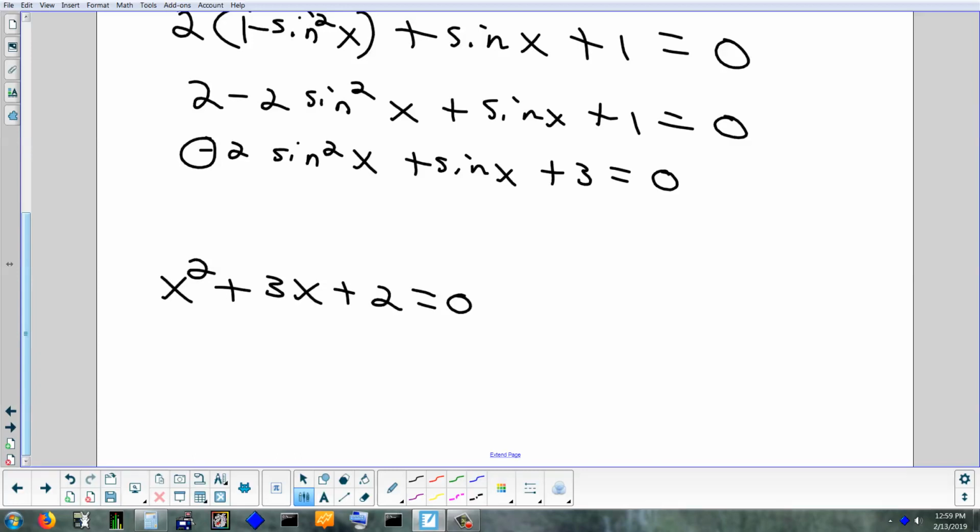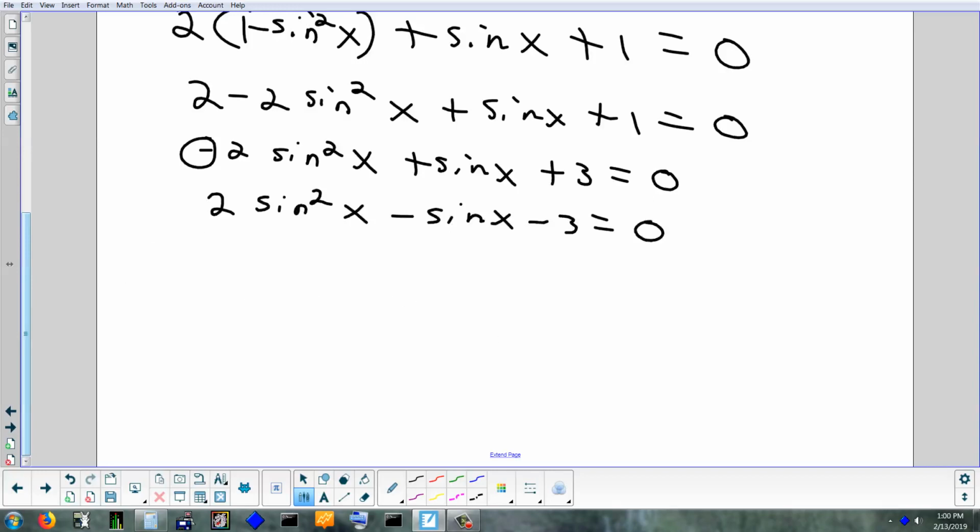Just factor out a -1 or divide everything by -1. Just change the sign of everything. So 2 sine squared x minus sine x minus 3 equals 0. Now, the equation that you're trying to solve right there is exactly like solving this. If you can solve 2x squared minus x minus 3, you can solve the one above it. It's the same thing.